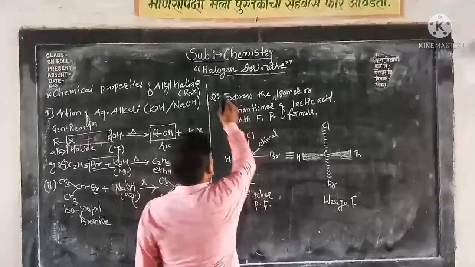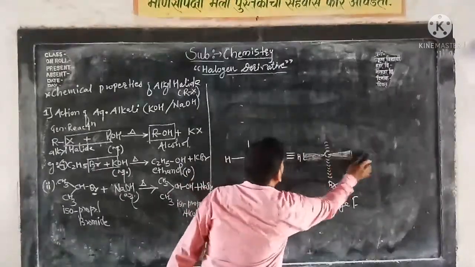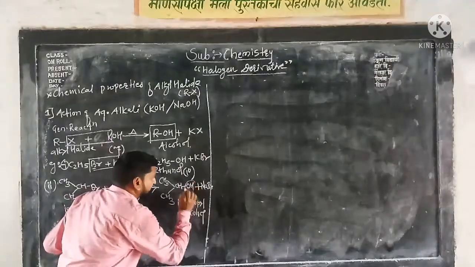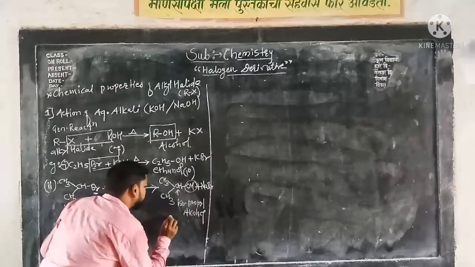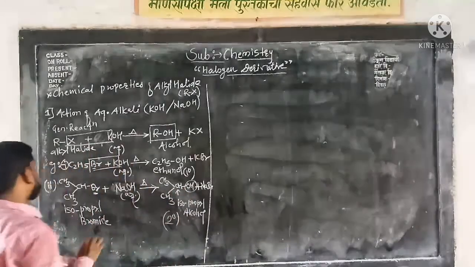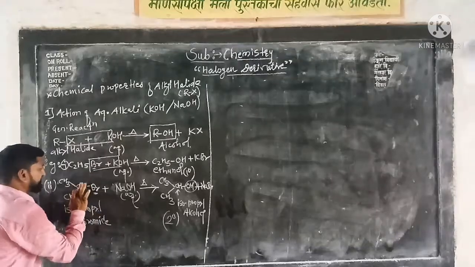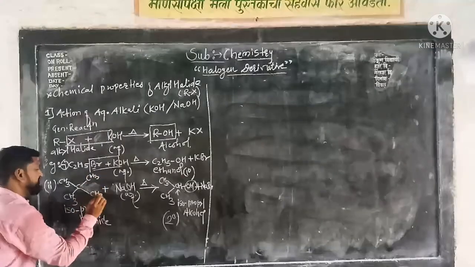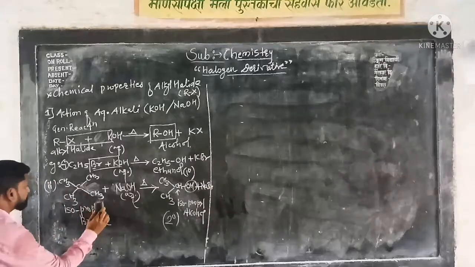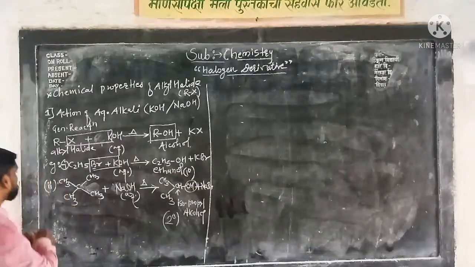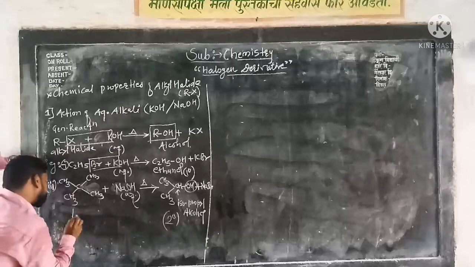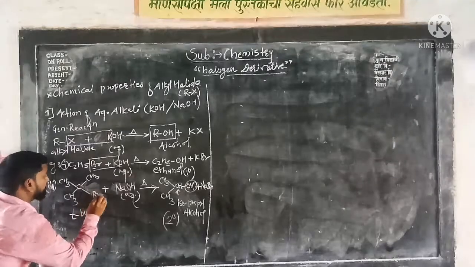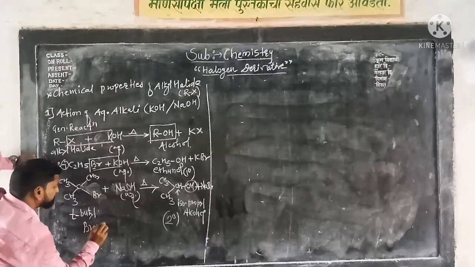Everybody knows this OH group is attached to a secondary carbon atom, therefore this is a secondary alcohol. Similarly, you can go for the tertiary, that is 3 degree alcohol preparation. This is a new reaction, number 3. This is T-butyl bromide.